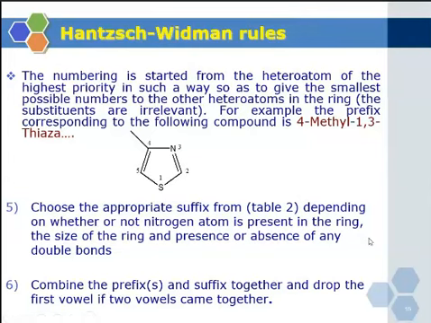At last, we have to combine the prefix and suffix together, and we have to drop the first vowel if two vowels come together, as we saw in the case of oxa and aza. Two A's come together, so we omit the A associated with oxa. When two vowels come together, then the first vowel we have to drop.